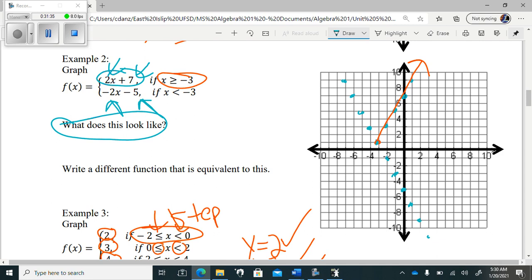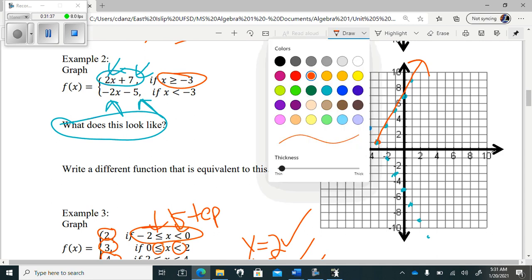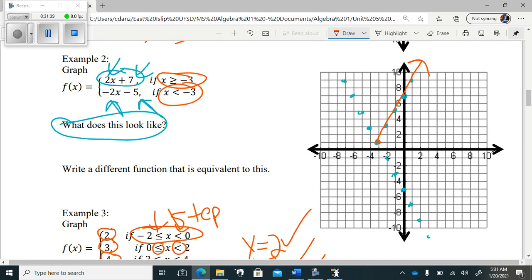And where does this exist? So I'm going to get my red marker. It exists for x's that are less than -3. So again, here's my -3. X is less than -3, go that way, right? So I connect the points going that way. And I erase my other points.